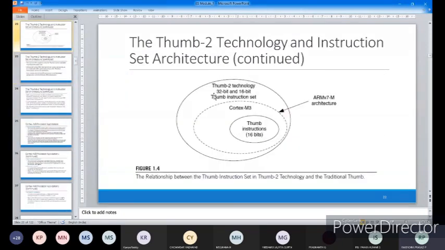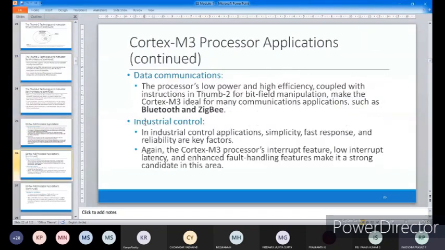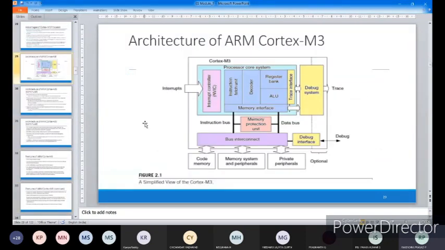Now we are going to understand what Thumb-2 technology and the instruction set architecture are, and what they are for.